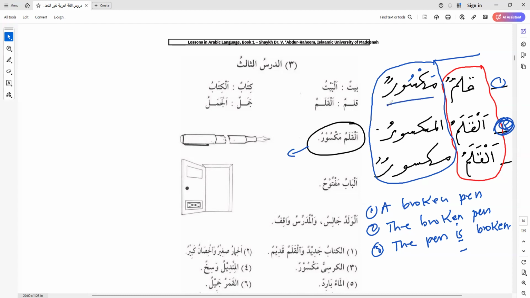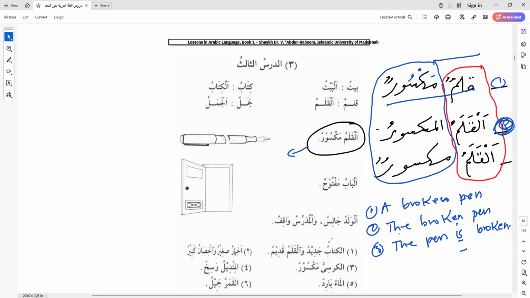So this is definite article because here you are saying a broken pen. And then here you are saying the broken pen. So the pen is known to you and me. The pen is broken. Somebody is making a statement. Hey, the pen is broken. But the broken pen, a broken pen, they're all talking about pen broken, but they seem to convey slightly different understanding.